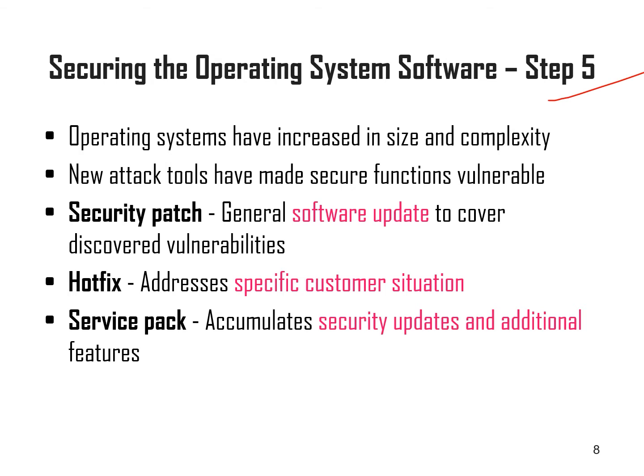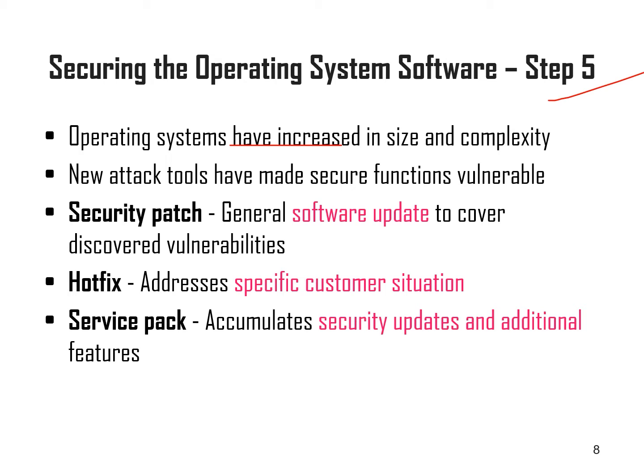And in the fifth step, operating systems have increased in size and complexity. New attack tools have made secure functions vulnerable, right? During the evolution of operating systems, the size and complexity have increased.